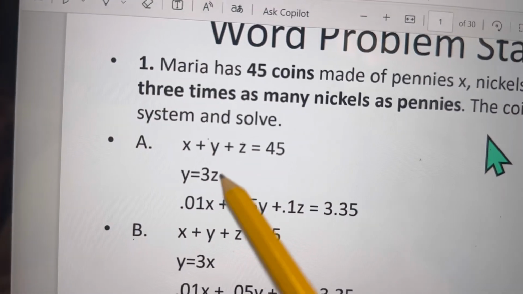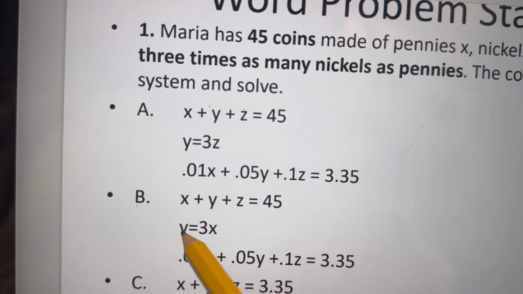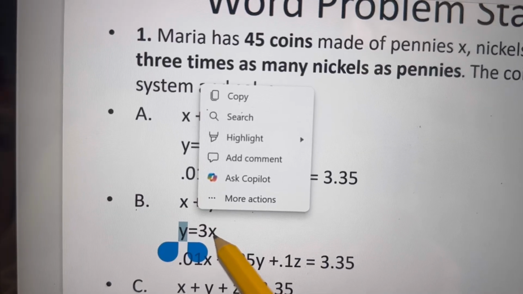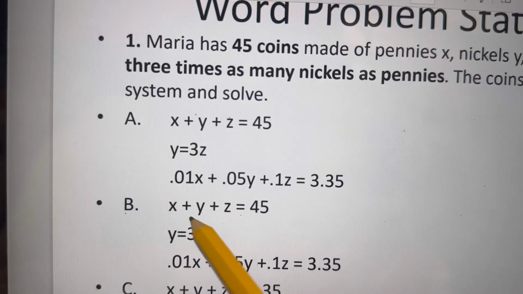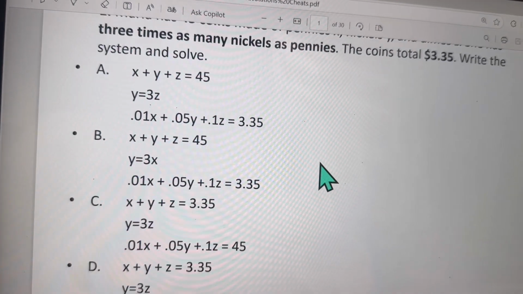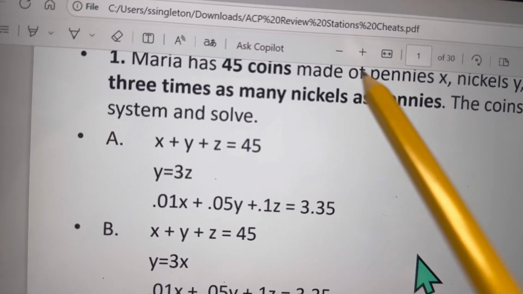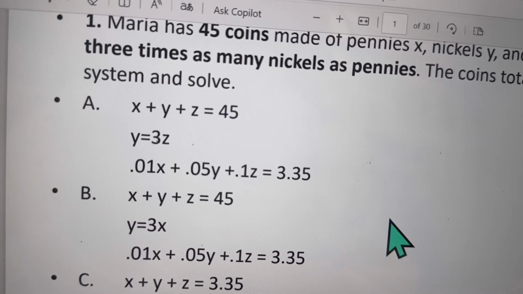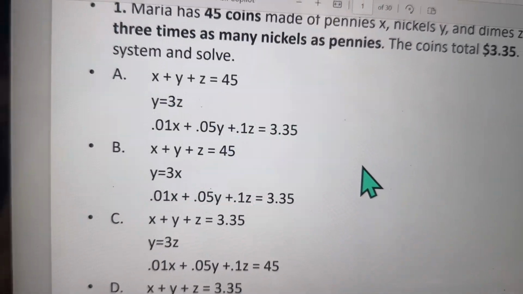Nickels is Y. So if nickels reads first, then make sure that the Y is what you see first. Pennies was X, so B. That's how you do those ones.